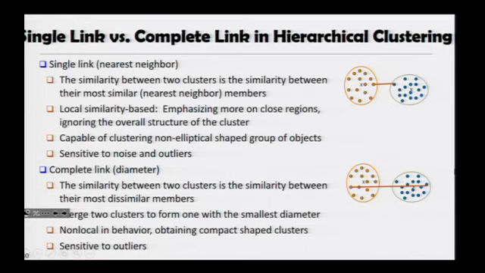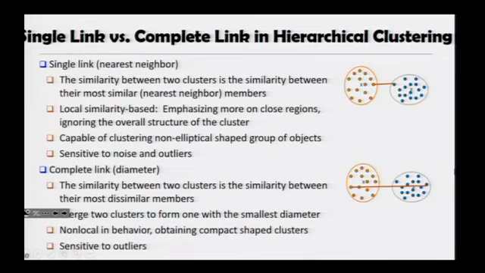They just look at the most similar neighbors between these two clusters, and if they are small enough, they merge these two clusters together. So they emphasize the closest regions while ignoring the overall structure of these two clusters. Because of these reasons, it has some limitations.